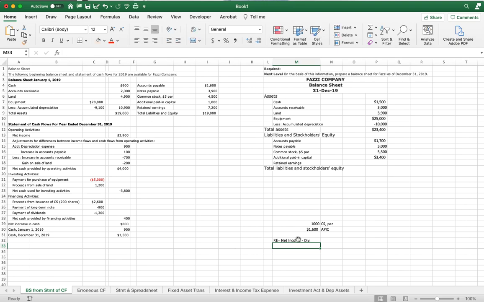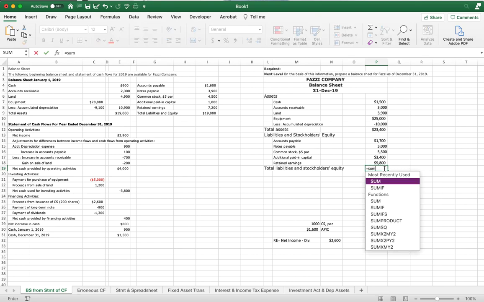And so we have this information because we started with net income of 3,900, and we have dividends of 1,300. So retained earnings should have increased by 2,600. And so we'll take our previous 7,200 plus the 2,600 for 9,800, and then do a sum.